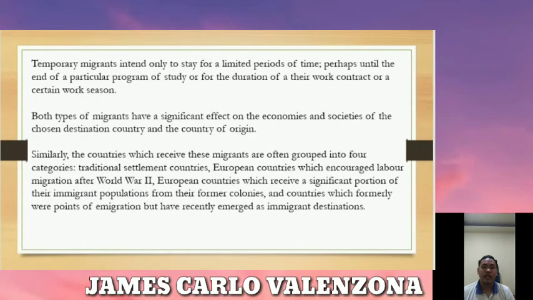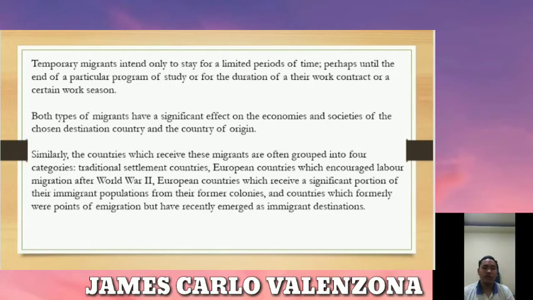And the second is the temporary migrants. These intend only to stay for a limited period of time, perhaps until the end of a particular program of study or for the duration of their work contract or a certain work session.